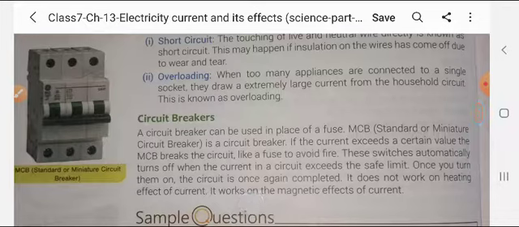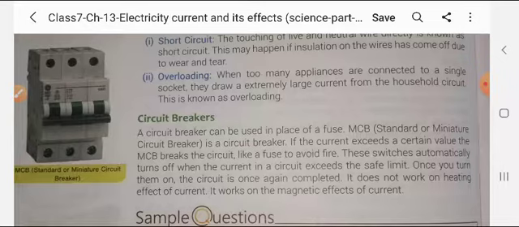There was a time when fuses were used in place of MCB. Those fuses were made of porcelain, of different ratings, 10 ampere, 15 ampere. But nowadays mostly MCBs are used in place of fuses.